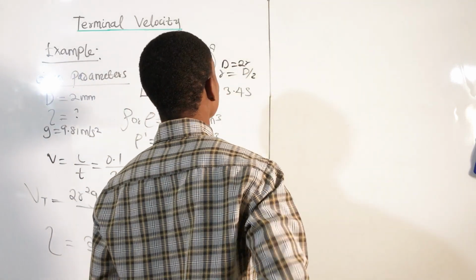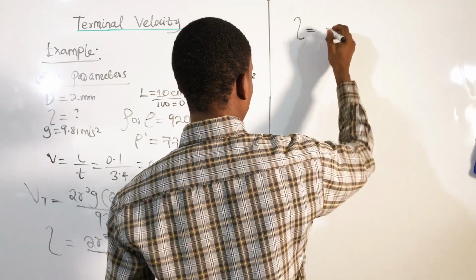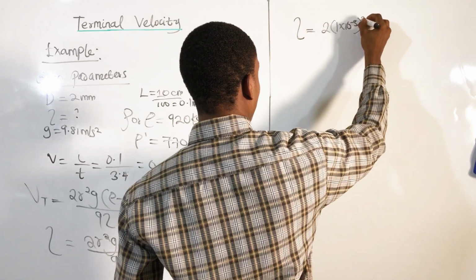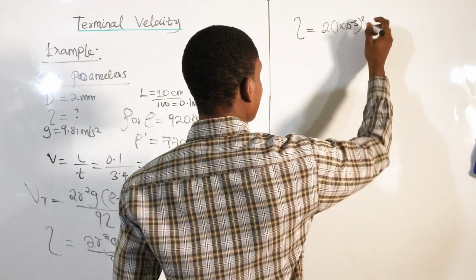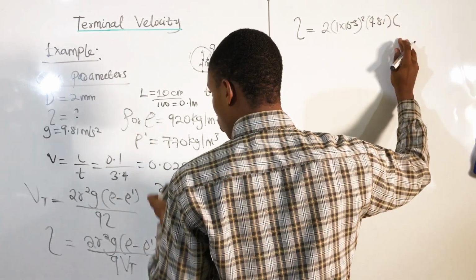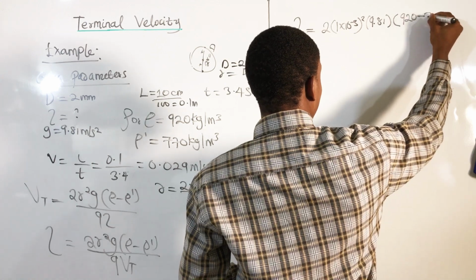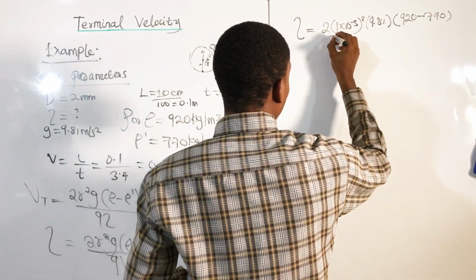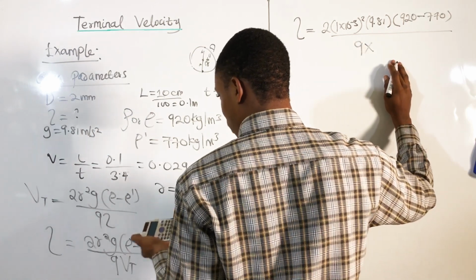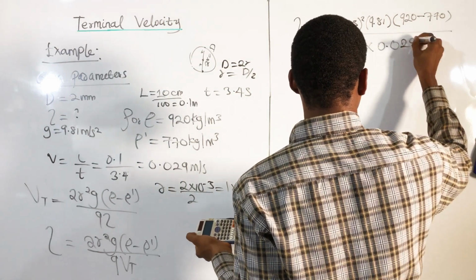Substituting those values, you see that the dynamic viscosity is equal to 2 into (1 times 10 to the power negative 3) all squared, times g, which is 9.81, into the density difference 920 minus 770, all over 9 multiplied by the terminal velocity, in this case 0.029.